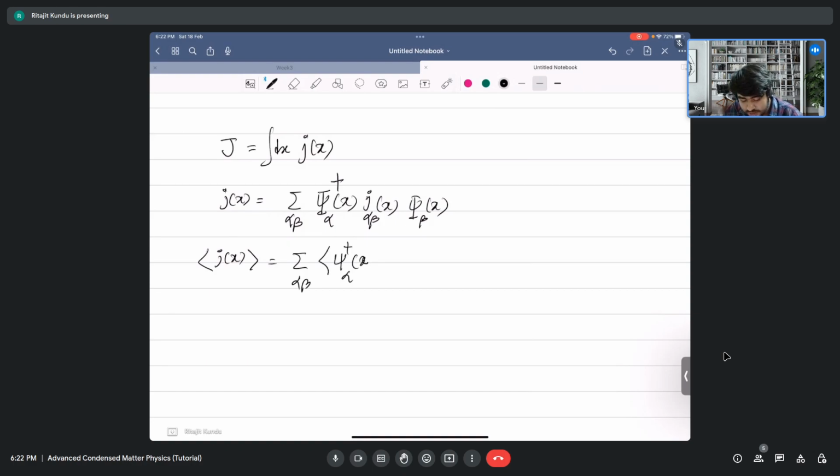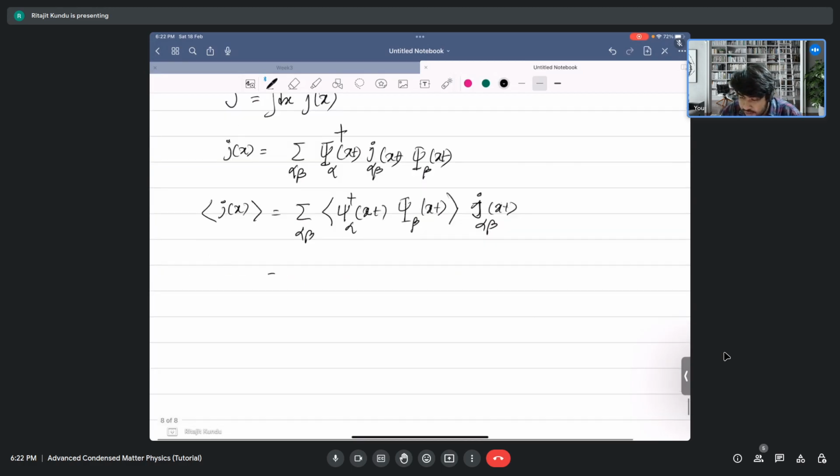All of these things are actually time dependent also. These are same time, equal time things, psi(x,t) and psi beta(x,t), and J alpha beta is just a function, so I can take it out of these expectation values. Okay, now let me do a trick, something like this.